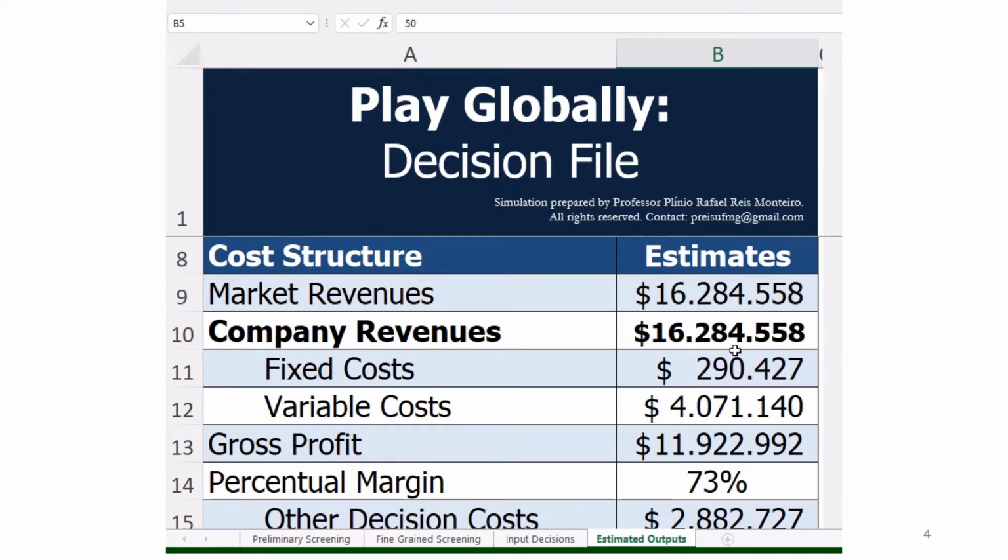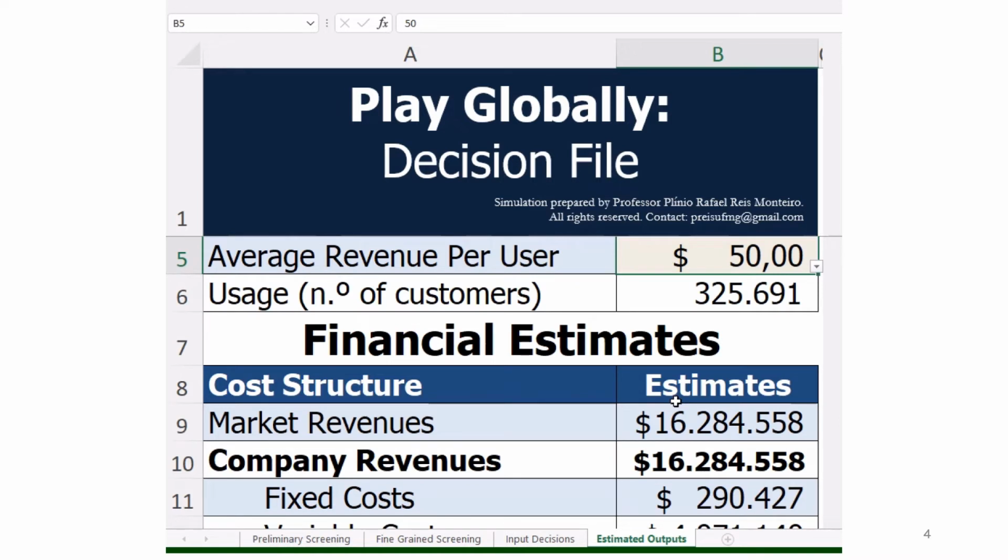Okay, so here you'll be able to see the cost and financial estimates of your business. If you're dealing with your actual decision, your market revenues will be $16 million if you have this average revenue per user, and this is the number of customers.